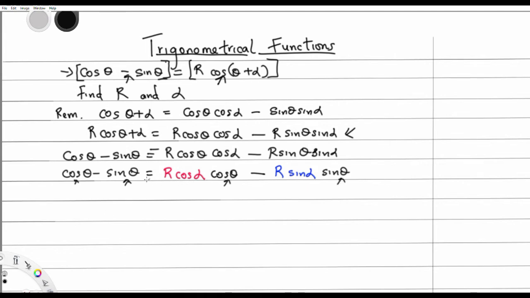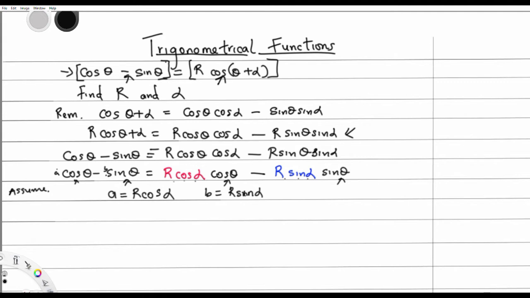So the coefficient of cos theta we can make r cos alpha, and the coefficient of sin theta we can make r sin alpha. Let's assume the coefficient of cos theta is a and the coefficient of sin theta is b. We can then say a equals r cos alpha, and b equals r sin alpha. I hope we are getting it.